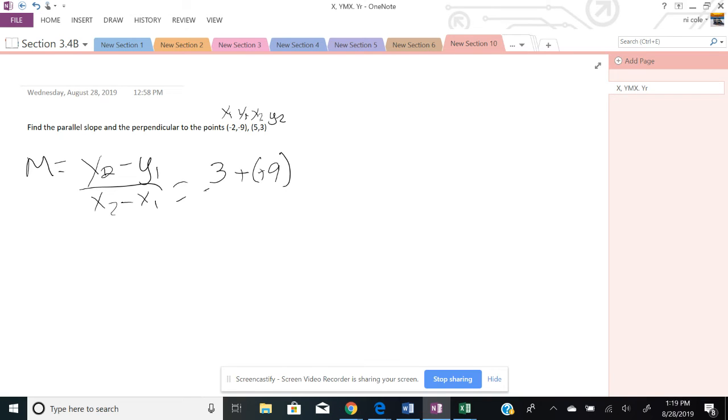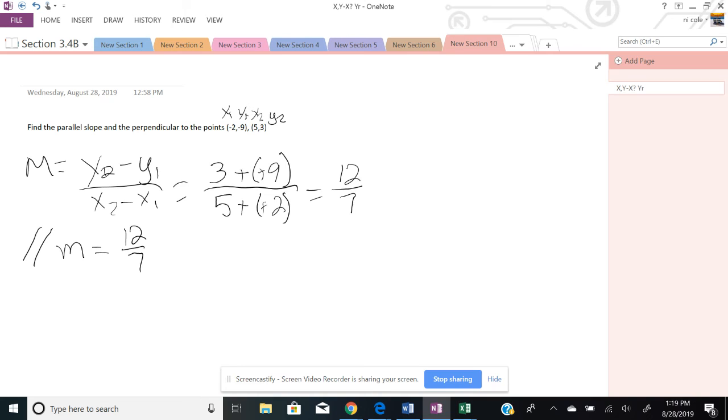Double negative makes that the plus. 5 minus negative 2 makes that 7. All right, so 3 plus 9 is 12, and 5 plus 2 is 7. So my parallel slope, m, is 12/7. That's all I have to do for parallel slope.